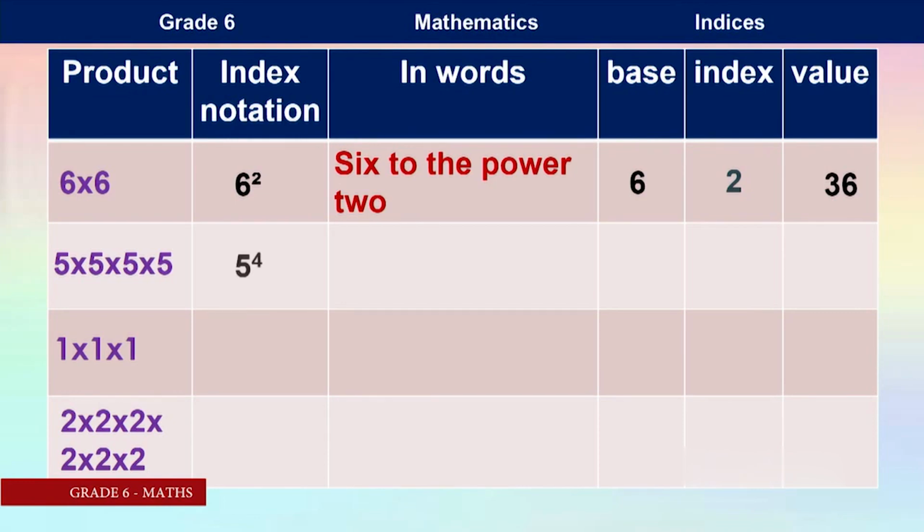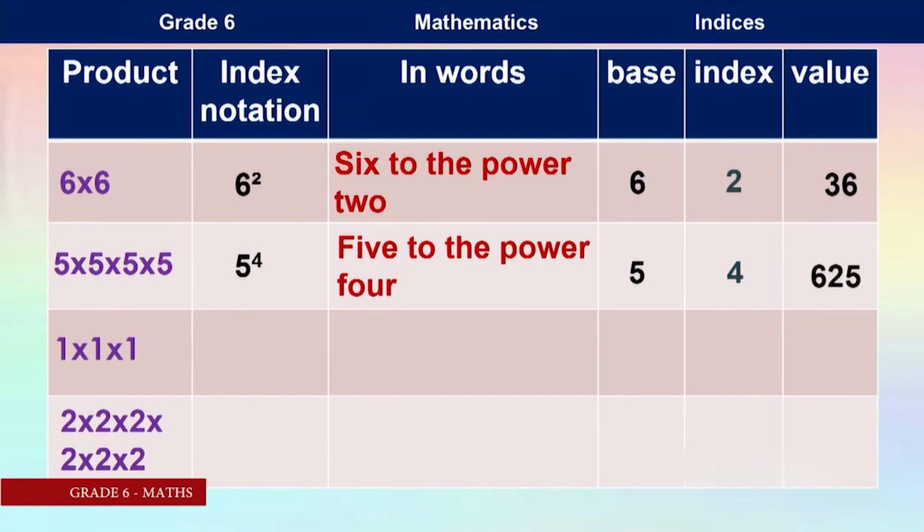Then you can write 5 to the power 4 because you can see four 5s. Then 5 to the power 4 in words, base is 5 and index is 4. Then what is the value here? 5 into 5 is 25. 25 into 5 is 125. 125 you have to multiply again by 5, that is 625.